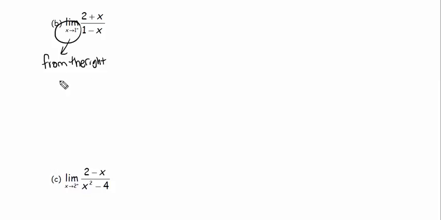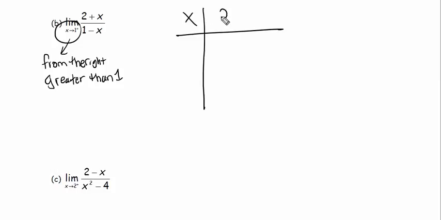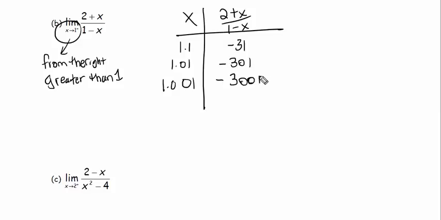From the right means that we're going to put in numbers that are greater than the 1 that's right there. So x squared plus x over 1 minus x. So 1.1, 1.01, 1.001. And if I substitute in these numbers, I get negative 31, negative 301, and negative 3001.